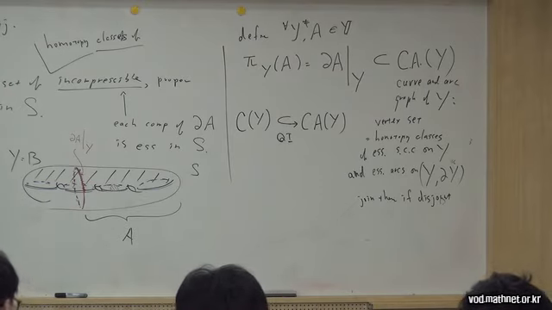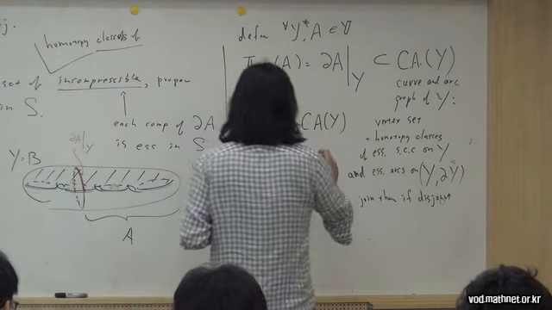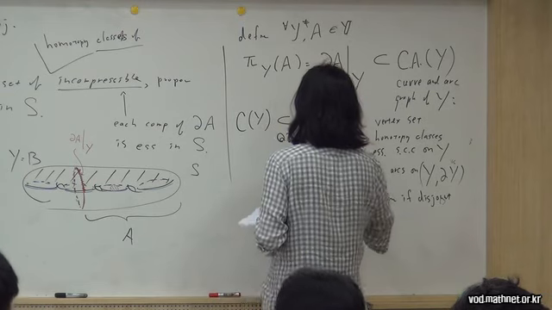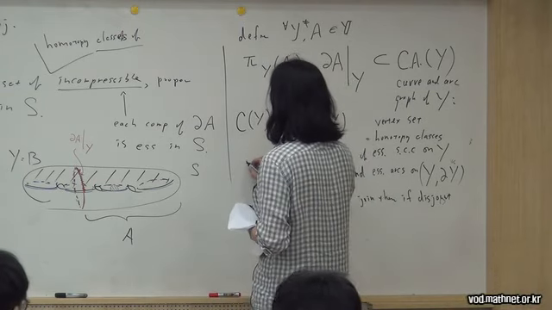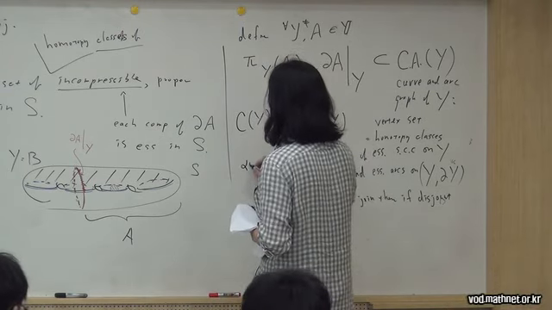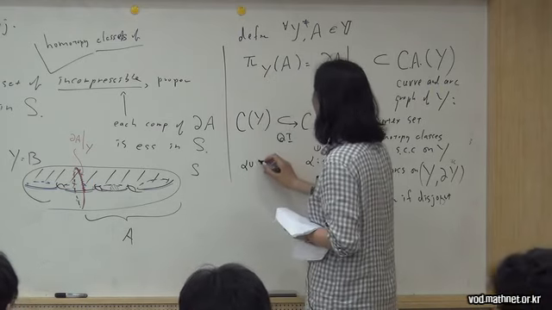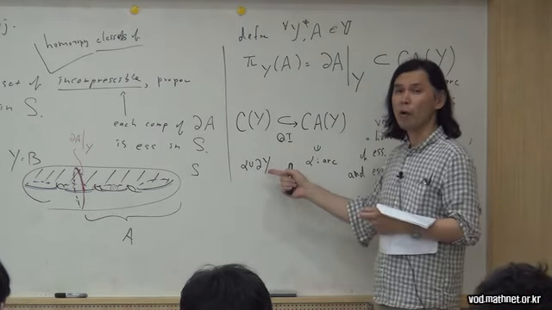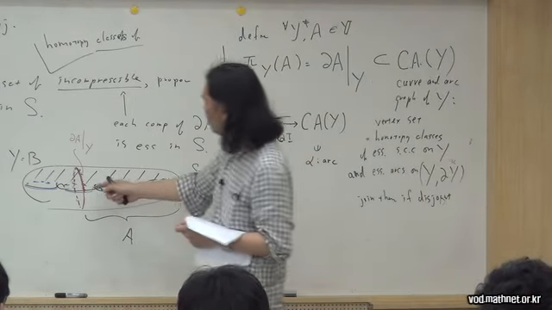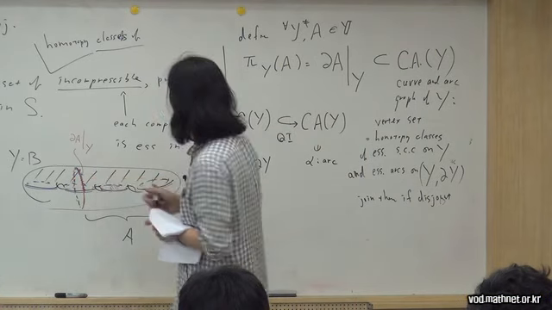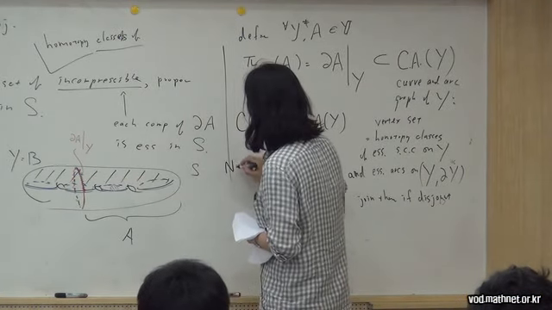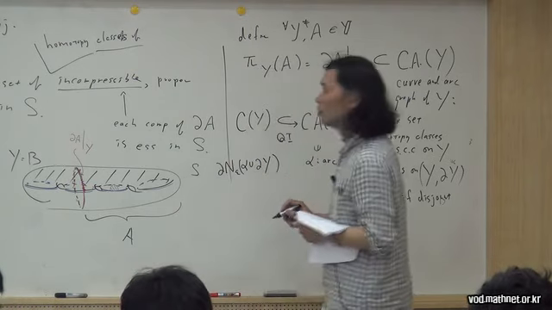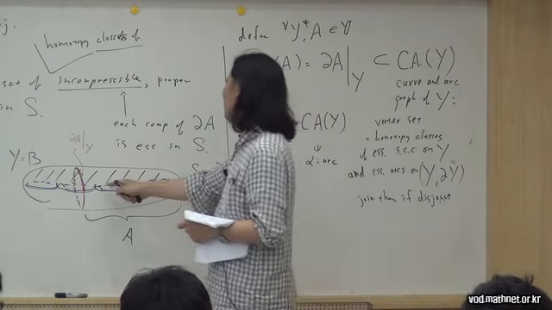Okay? Namely, if you have an arc, you look at the union of the arc and the boundary of y. So, like this one and this one, and again take a neighborhood and look at the boundary. Okay, you can forget about this one.